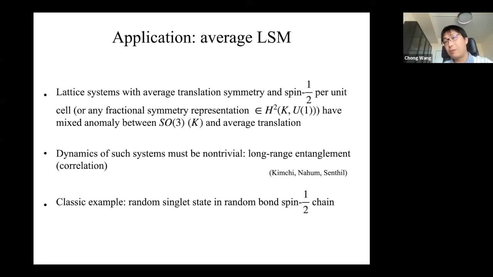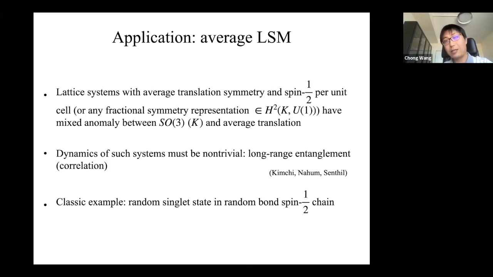So for example, that would not be true for spin one chain. Right? For spin one chain, you can start from the gapped state and add a little bit of bond disorder. Nothing will happen. It's still pretty boring, at least inside the bulk. But for a half integer spin, the statement is you can never do that as long as you keep the average translation symmetry.